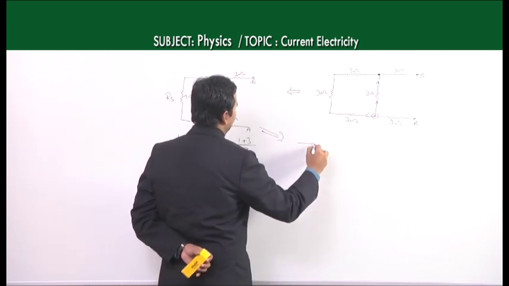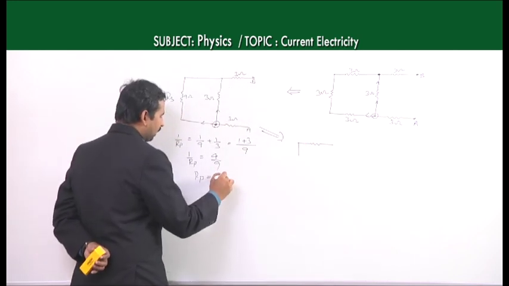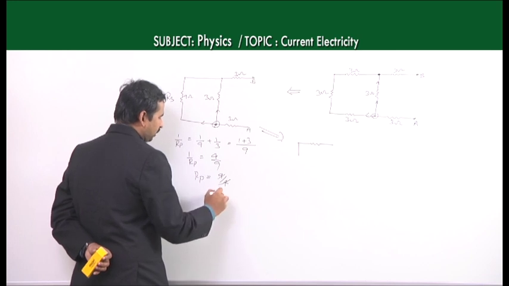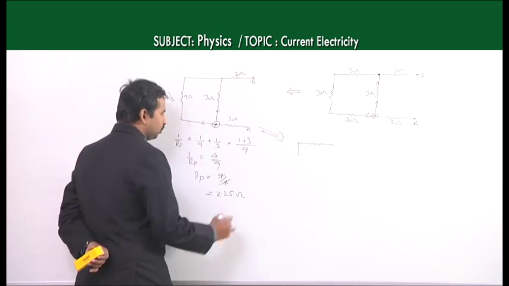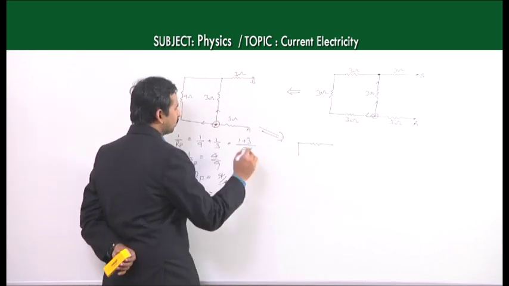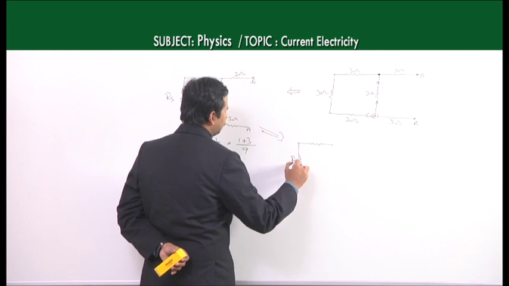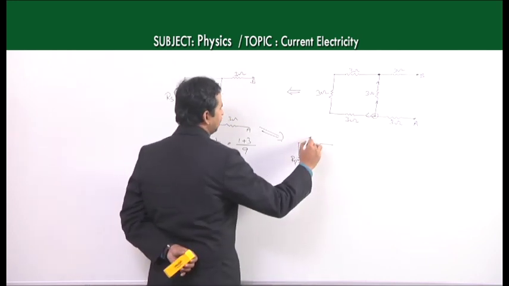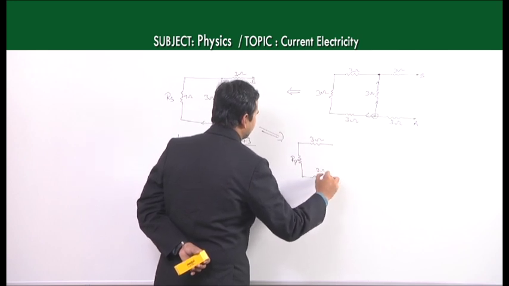Now, this 3 ohms resistance we are taking, and 9 by 4, if we calculate the value, is 2.25 ohms. Now in place of the parallel part we substitute the equivalent resistance RP, and this is 3 ohms, and we are connected back to the 3 ohms here.